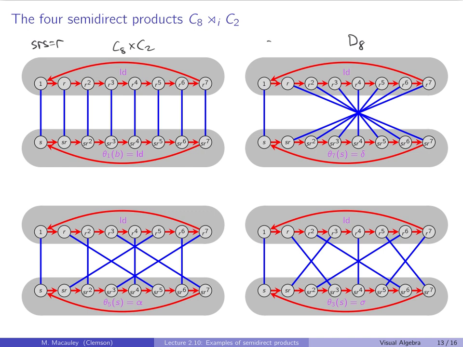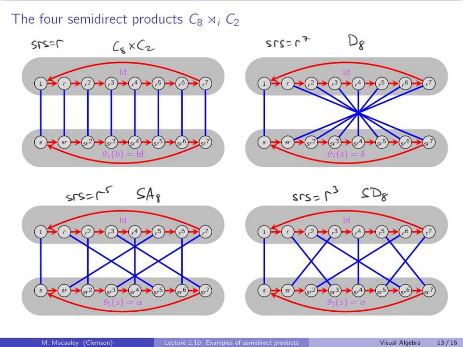This is SRS equals R. SRS equals R to the 5th. So that is the semi-abelian group. And this is SRS. It better be R cubed. Let's check that. SRS, yes, is R cubed. This is the semi-dihedral group.